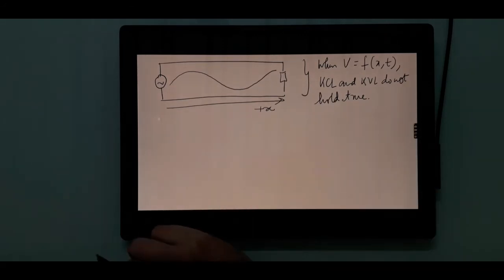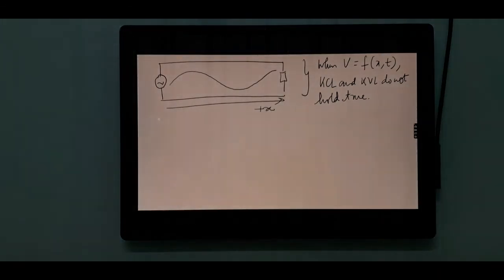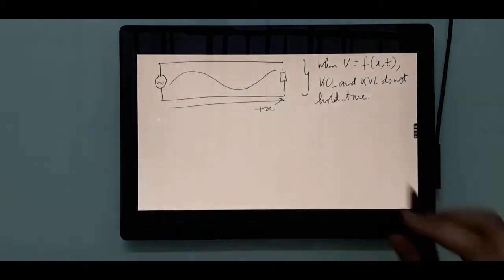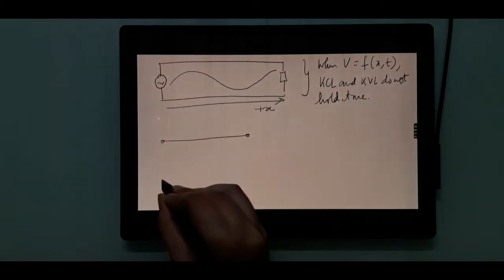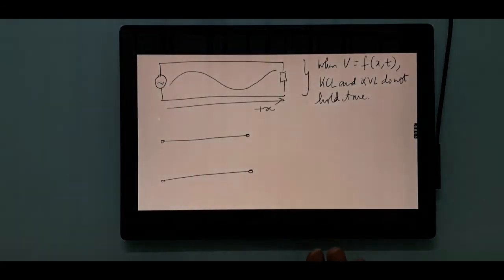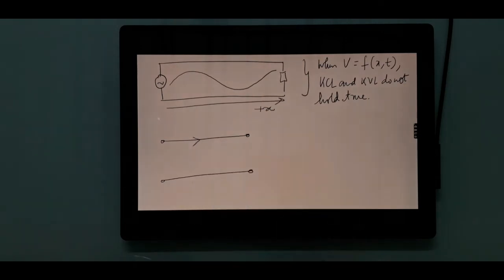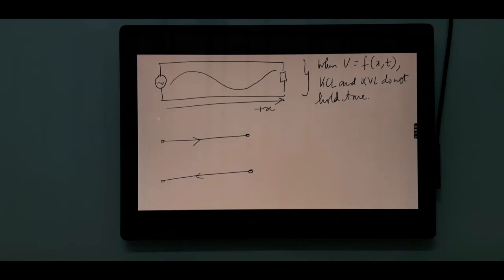To understand that, let us consider what are the physical phenomena that are going on in the line. Suppose I have a pair of conductors which are very similar to this pair that is being used. So let us say current is flowing over here and coming back over here. Now what are the phenomena that happen?